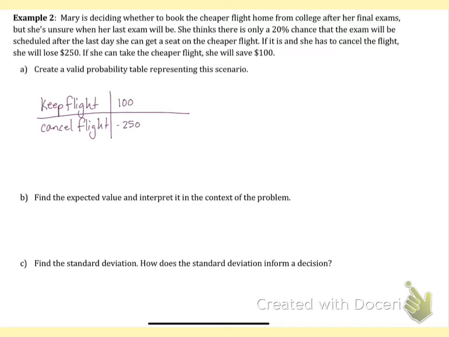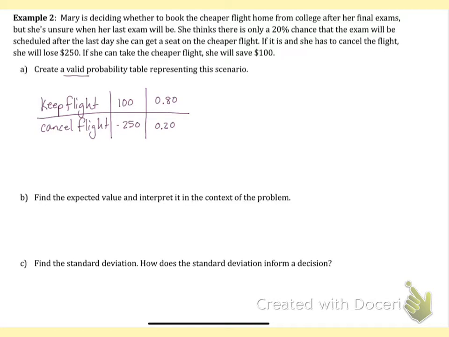Notice I put a negative sign there. The probability that she'll have to cancel the flight is 20% or 0.20, which means that the probability that she'll be able to keep the flight is 80% or 0.80.